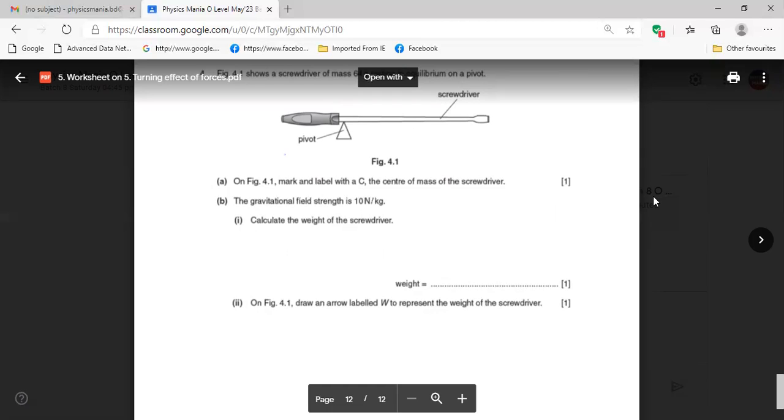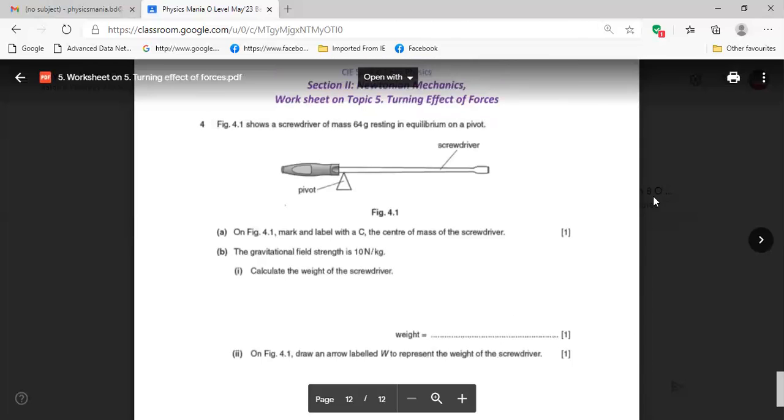Very simple, right? Then calculate the weight of the screwdriver. Are we not going to do part A first? Yes, in A you have to mark the center of mass with C.